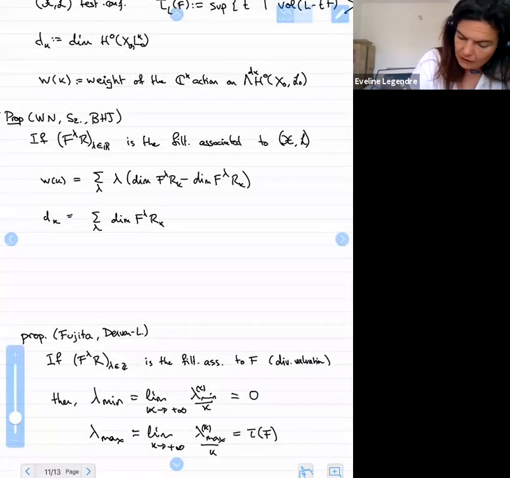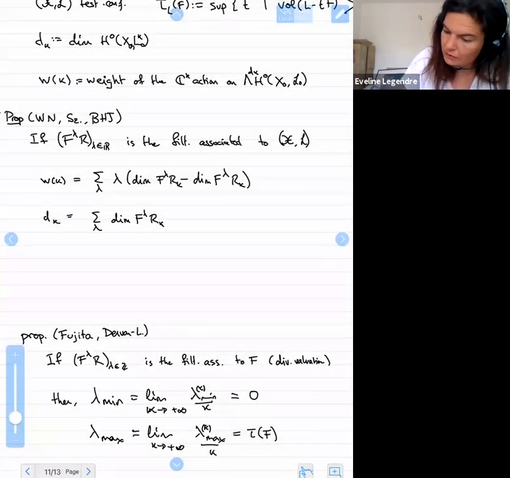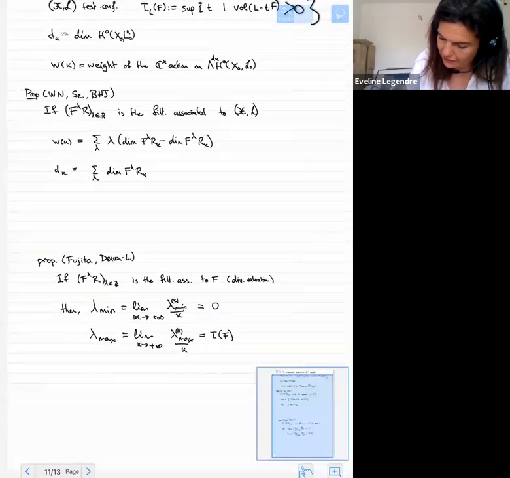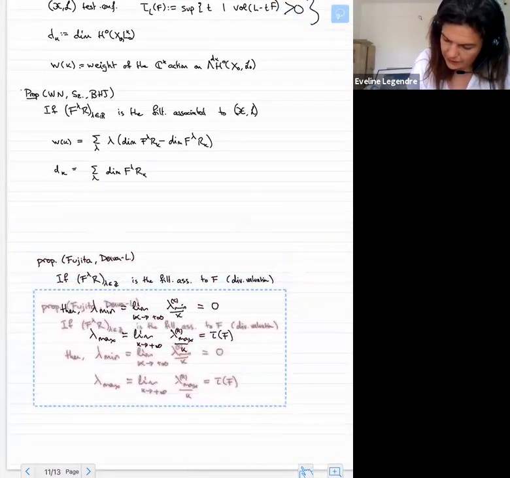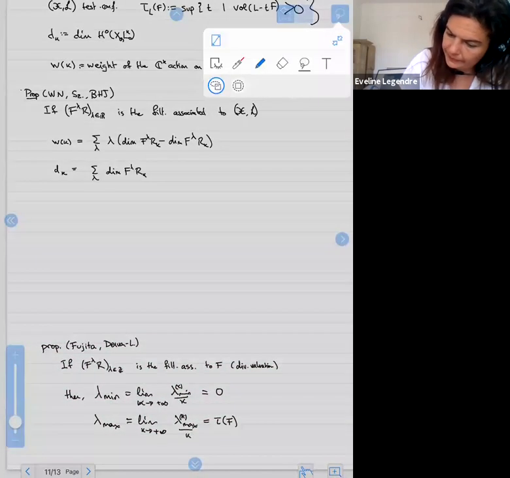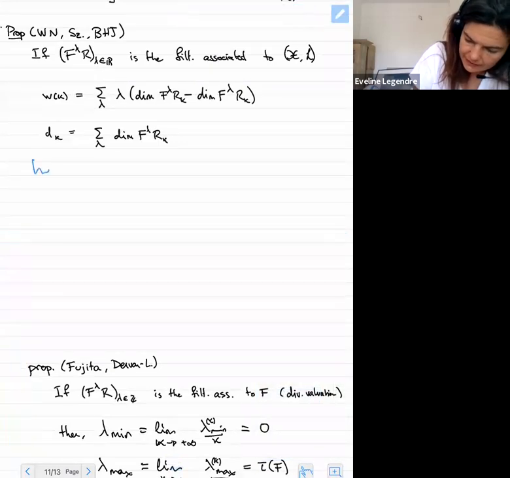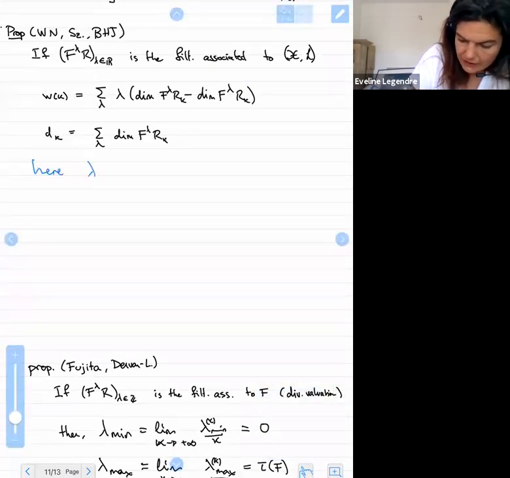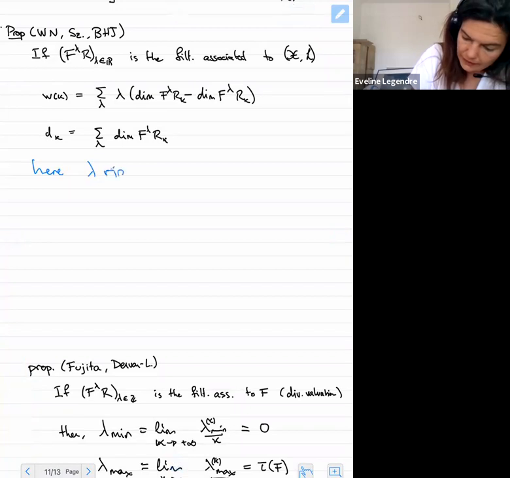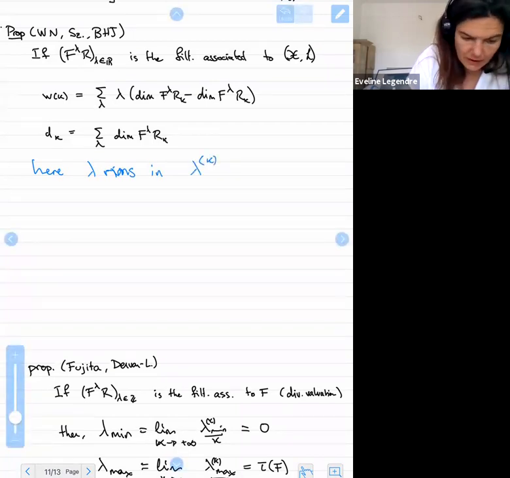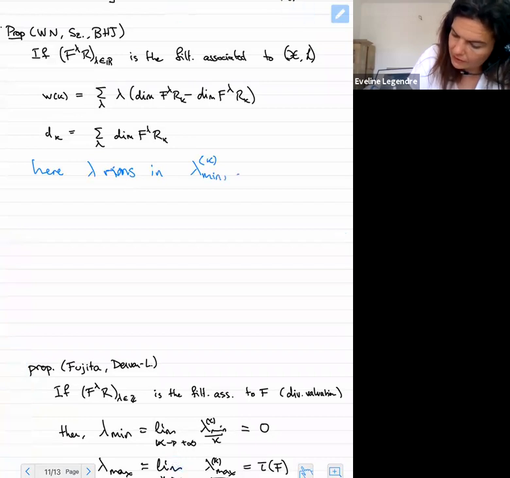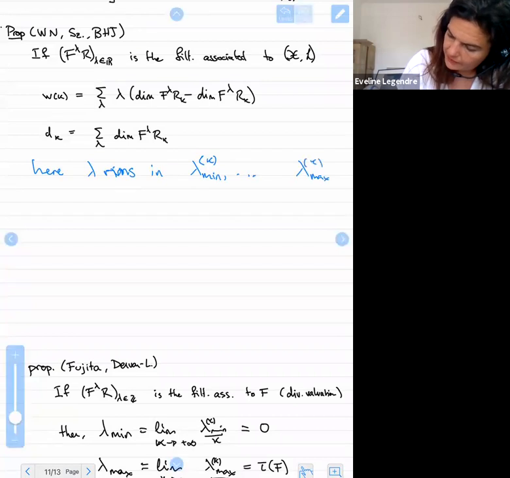Maybe what is not clear in what I was just saying is that here lambda runs in a finite range that depends on k, from lambda min to lambda max k.